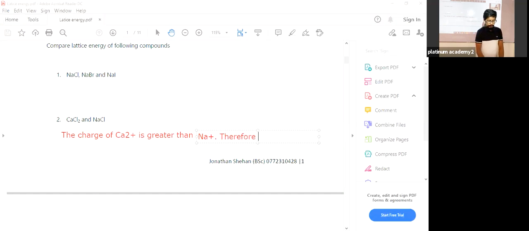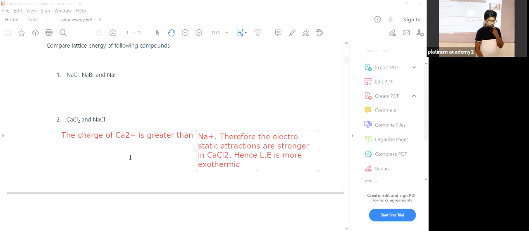Therefore, the electrostatic attractions are strong in calcium chloride. Hence, lattice energy is more exothermic.